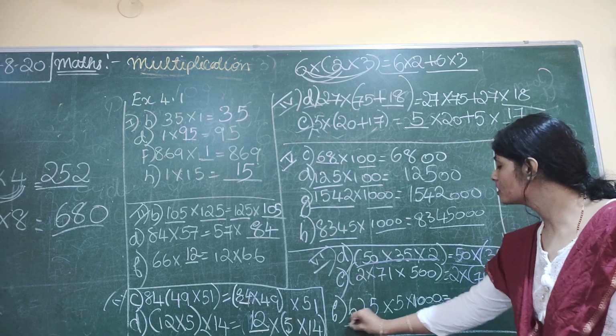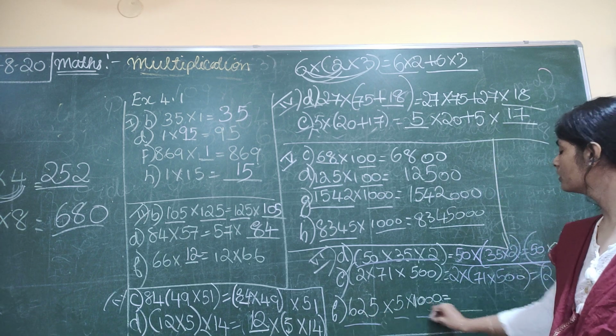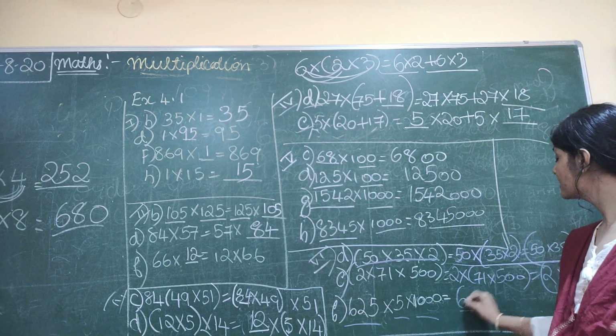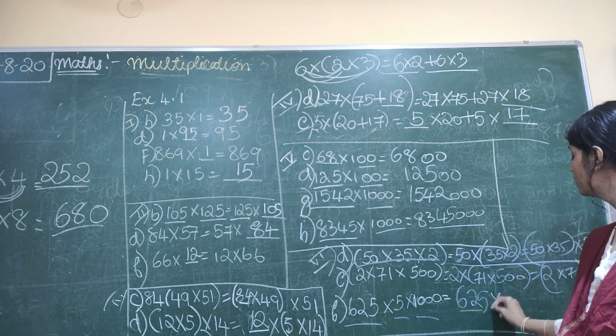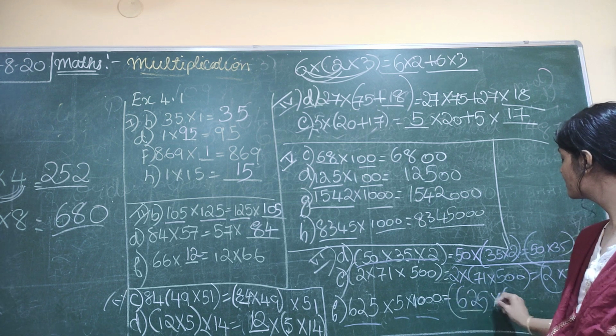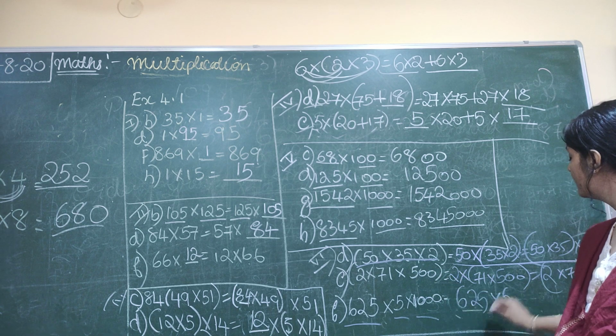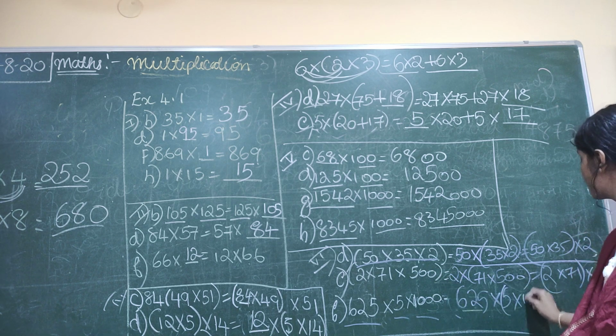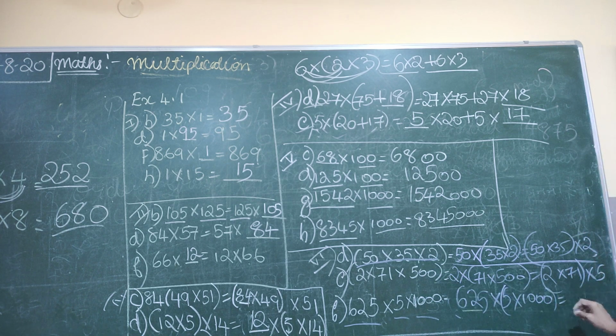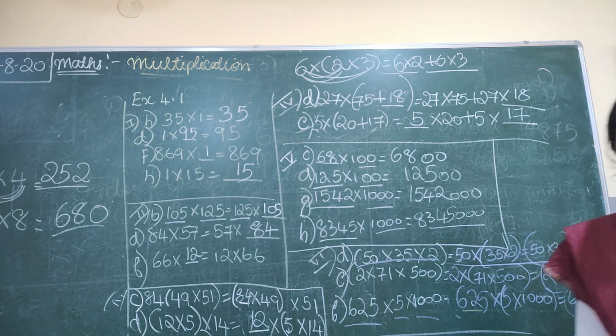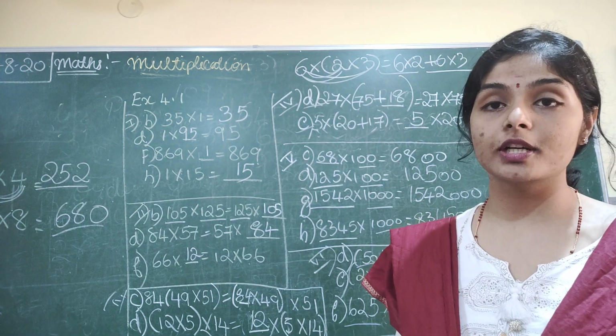Next, 625 into 5 into 1000 is equal to 625 into 5 into 1000. Got it, children? You are only separating it into two groups. Understood?